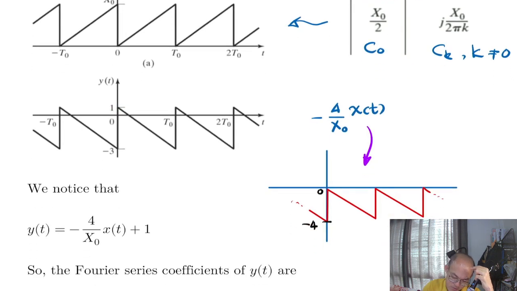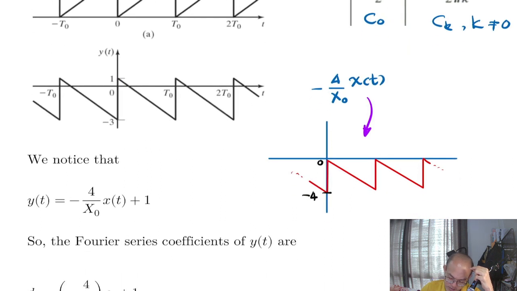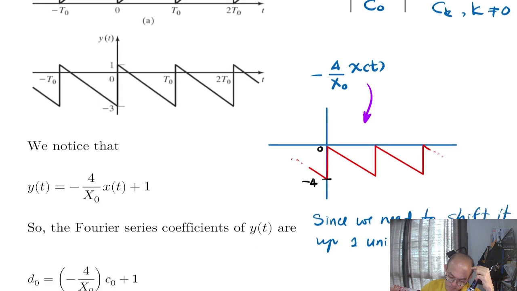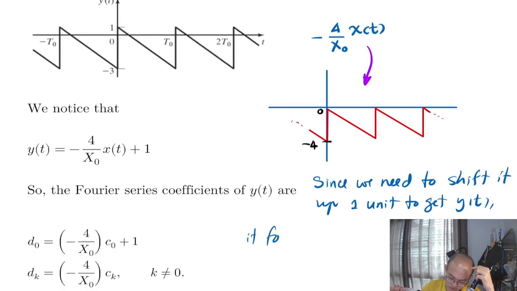So we know we need to shift it up. To shift up, we add. Since we need to shift it up 1 unit to get y, it follows that y is minus 4 over x0 times the signal x(t) plus 1.